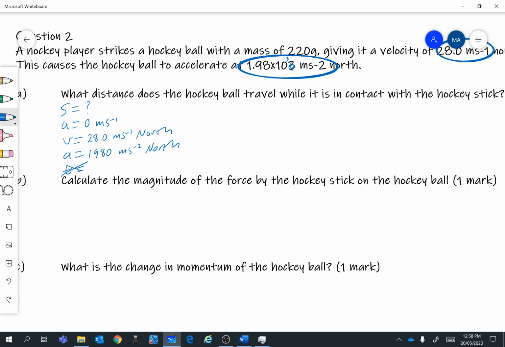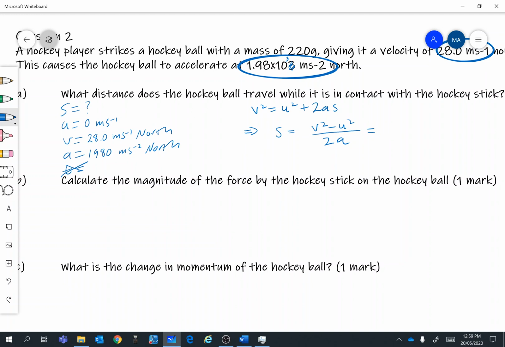So in this case we need to use the equation of motion that omits time. So we're looking at v squared equals u squared plus 2as. Now you need to practice your rearranging. Make sure that you understand how to rearrange this so that it looks like this. It's something we've practiced a bit before.